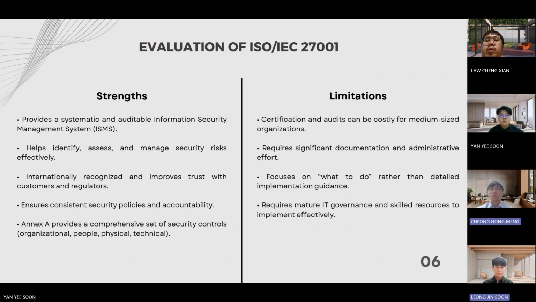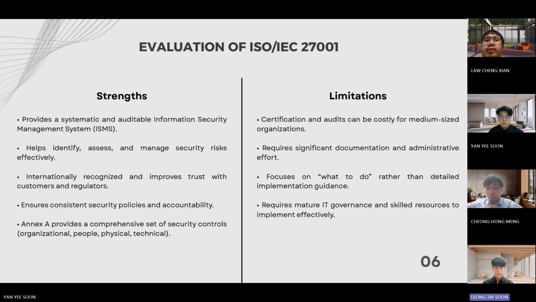Besides that, it helps organizations identify security risks, apply appropriate controls, and continuously manage information security. In addition, it establishes formal policies and accountability across the organization, which helps reduce inconsistent security practices.